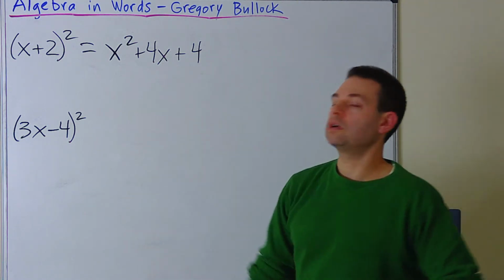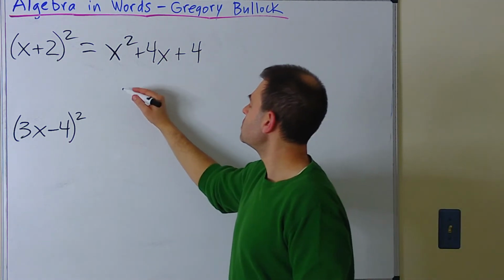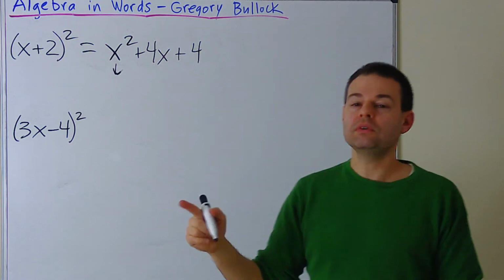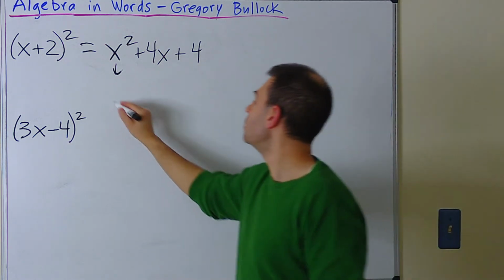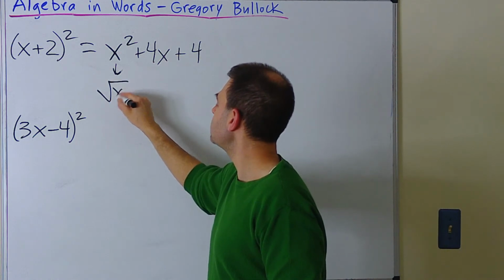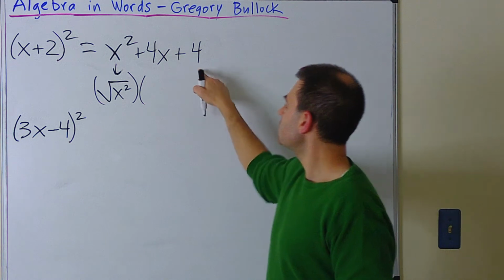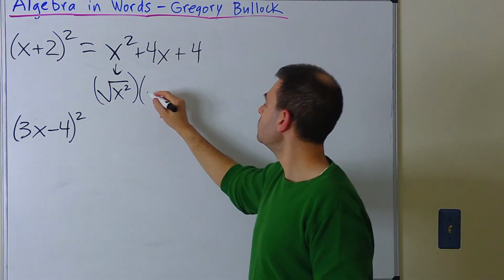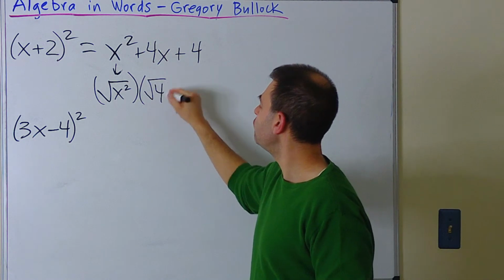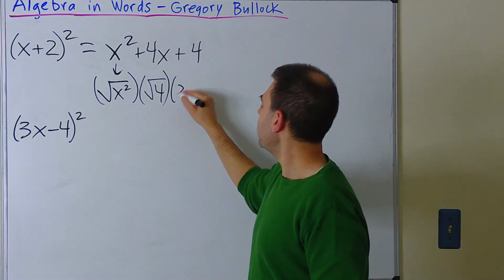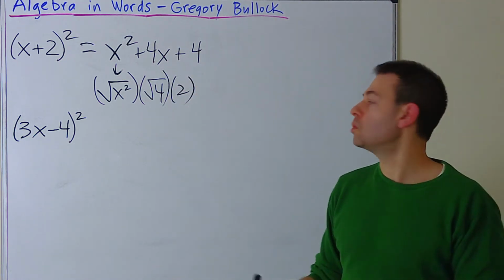But the middle term is always the result of the product of the square root of the first term of the trinomial, so let's call that the square root of x squared, times the square root of the last term, and if we call that square root of 4, that would obviously reduce to 2. And as I said, always times 2.